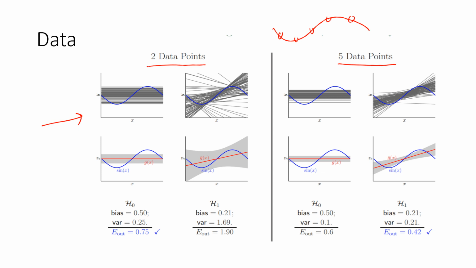Using the H0 hypothesis and the H1, I'm trying to find my G bar of X. With 5 points, we get an advantage for H1. Why? Because we have more chances of getting a G bar closer to f of x in the case of H1, because we have greater flexibility.